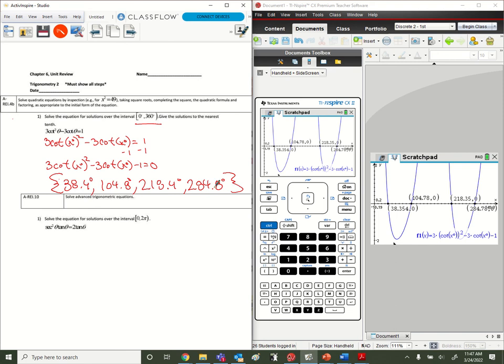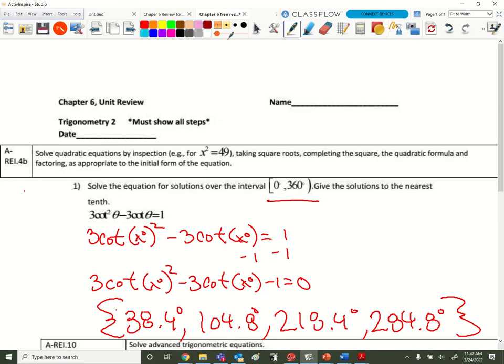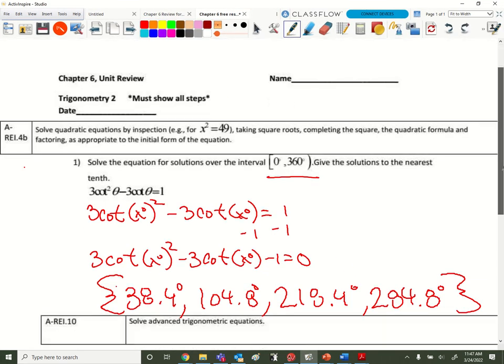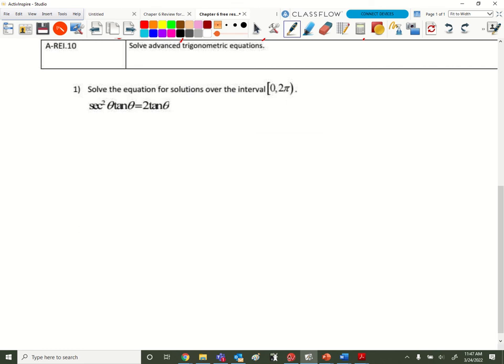So I'm going to plug in the bottom one. The bottom one says it wants it in radians. So I'm going to make this bigger again, and then I'm going to do my math in radians. So this says that our answers are going to be in rad. So it's going to say secant x degrees closed squared times tangent of x degrees equals 2 tangent of x degrees.